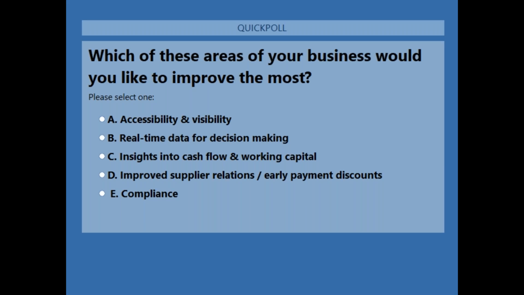For me, it's definitely with people that we talk to on a daily basis, looking for automation. One of the biggest problems is they just don't know where their invoices are. They don't have access to them.